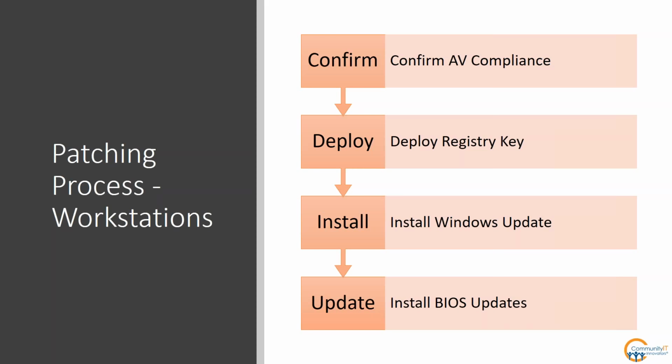So those updates will be forthcoming. And we'll talk a little more at the end of our presentation about how you check and how you actually know if these updates have been deployed. So for Community IT clients, the Windows updates for workstations have already been deployed, and BIOS level updates will be coming and delivered automatically through the platform.